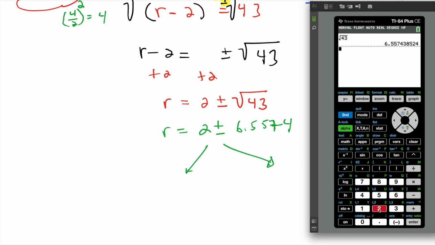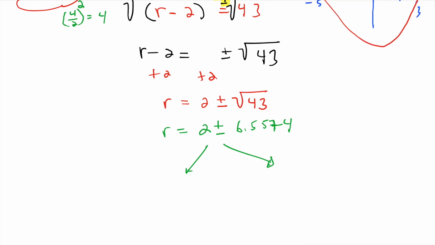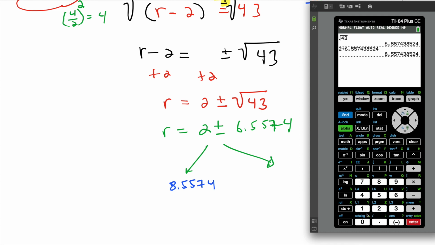Go 2 plus, and then on your calculator, just go up, enter, bring that down, enter. So we added those together: 8.5574. Then for the other one, go back up, go 2 minus, and let's get that old answer.